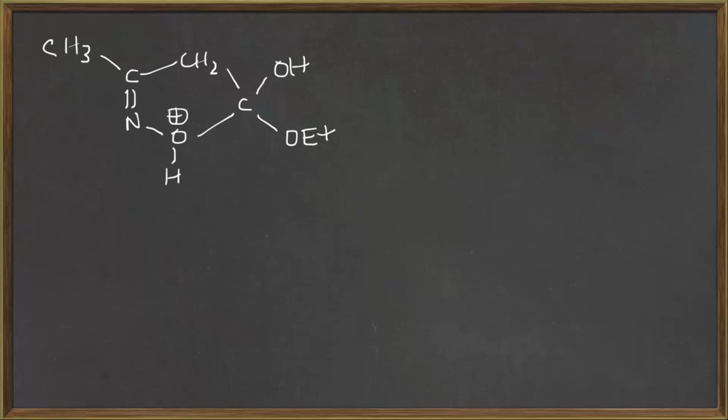To the next page. These pages need to be bigger, I think. So we have this guy needs to be deprotonated. So we'll do that first. And that'll take us to here.